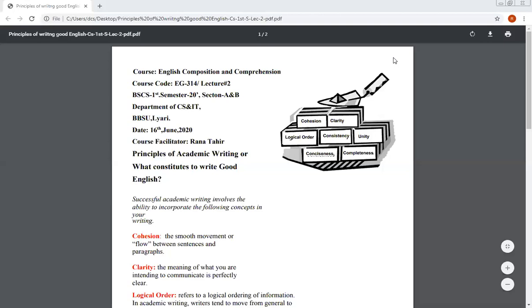You must see there is a picture where the blocks are connected to each other. There is a word that states cohesion, then there is clarity, there comes another block, which is again connected with that one, the logical order. There comes consistency, unity, conciseness, completeness.